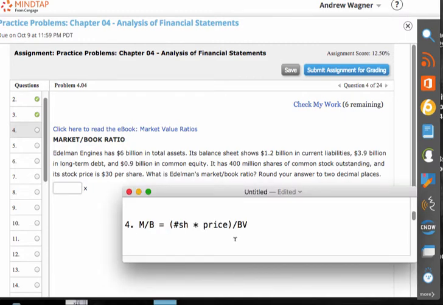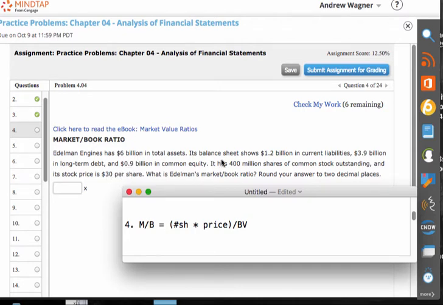And then we have times the price of $30 per share. And then we divide, and that would be the total market value of all the shares, all the equity that's outstanding. And then we divide by the book value of equity, which is given, 0.9.